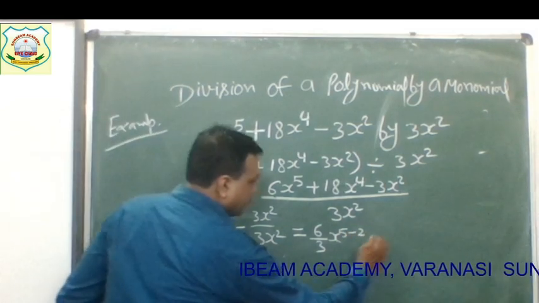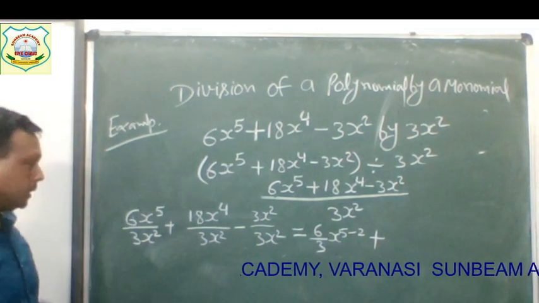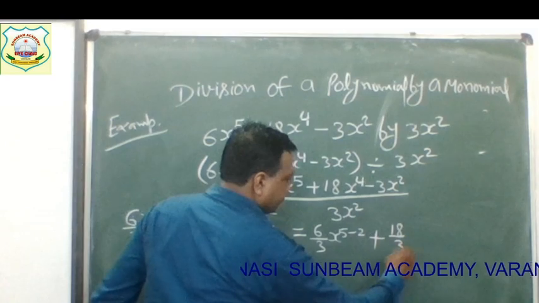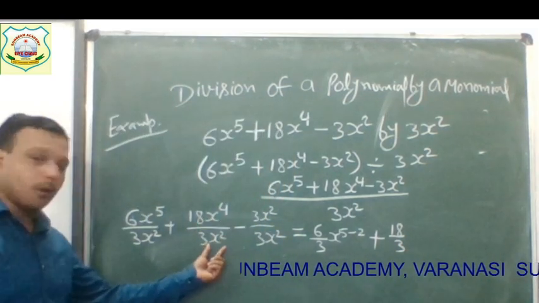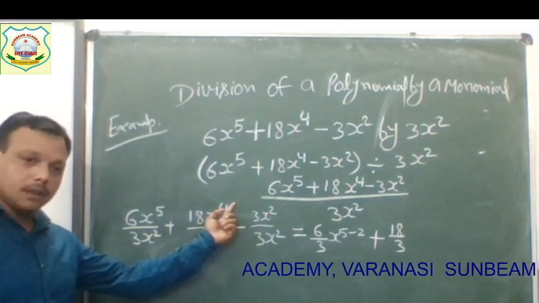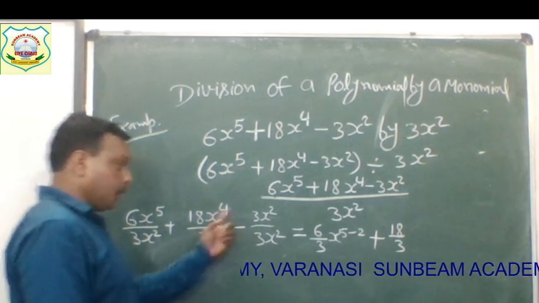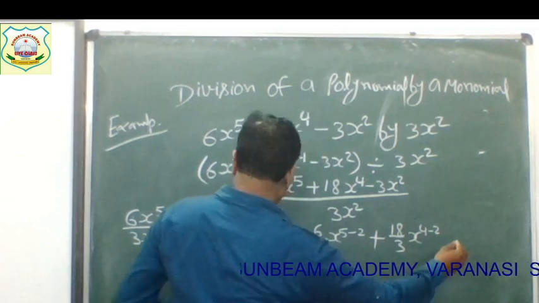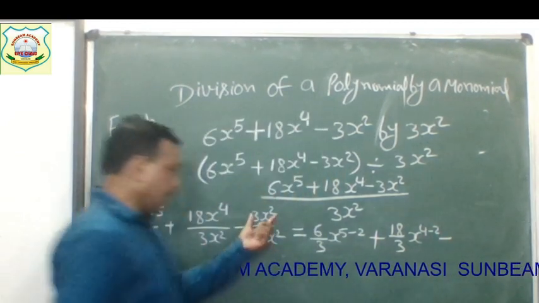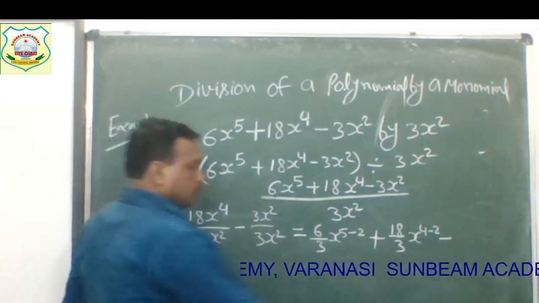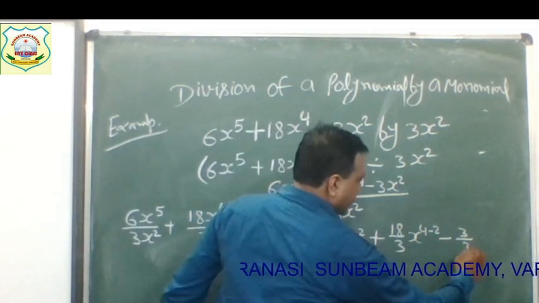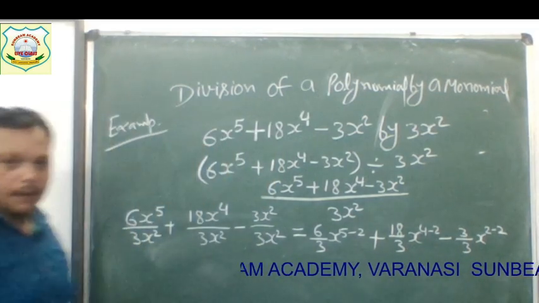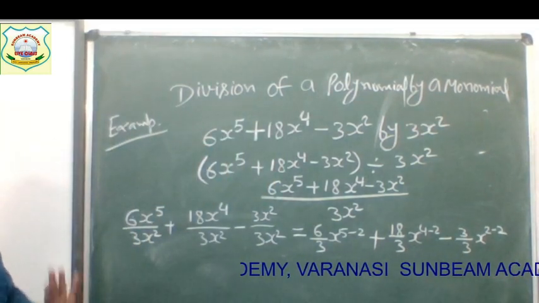Similarly, the plus sign, 18 upon 3, and x power 4 with x power 2 in the denominator, so x power 4 minus 2. Then minus 3x square upon 3x square, so 3 upon 3 and x power 2 minus 2. This way we write it in the exponential form.